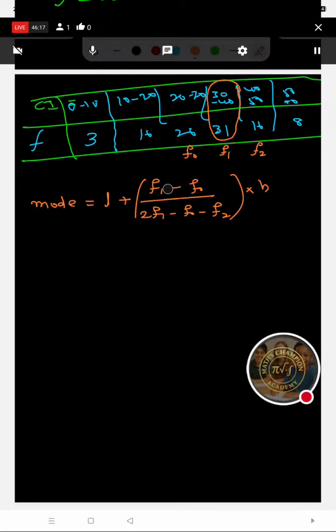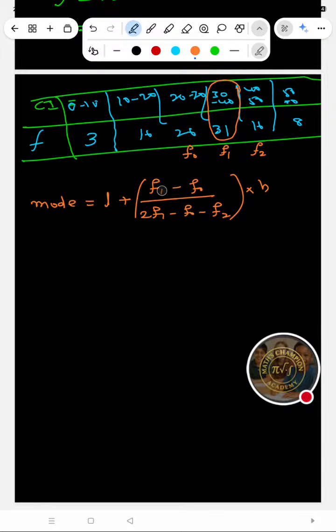Understand? L is the lower boundary of the modal class, that is 30. F1 is the highest frequency, that is 31.